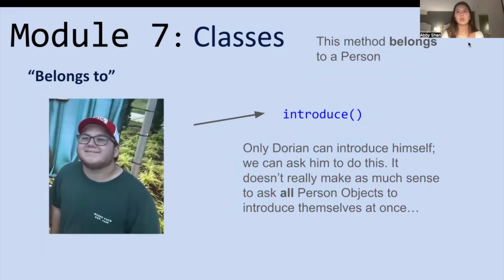Similarly, the method introduce belongs to a person. Only Dorian can introduce himself, and that's something we can ask him to do, like calling that method. It doesn't make as much sense to ask all person objects to introduce themselves at once and do a general call of the introduce method.